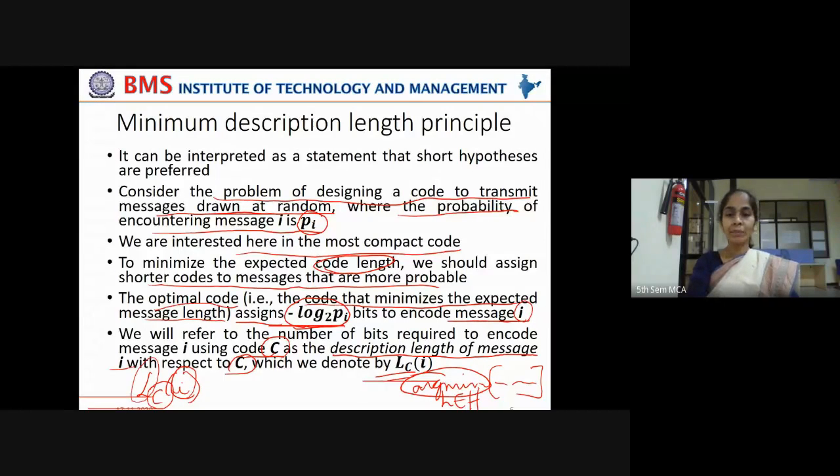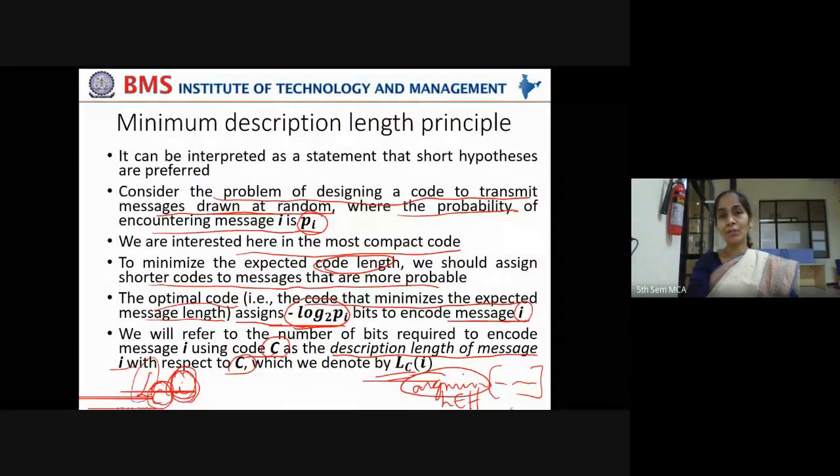I'm reading this once again: when we write L_C(i), we read it as the description length of message i with respect to C.